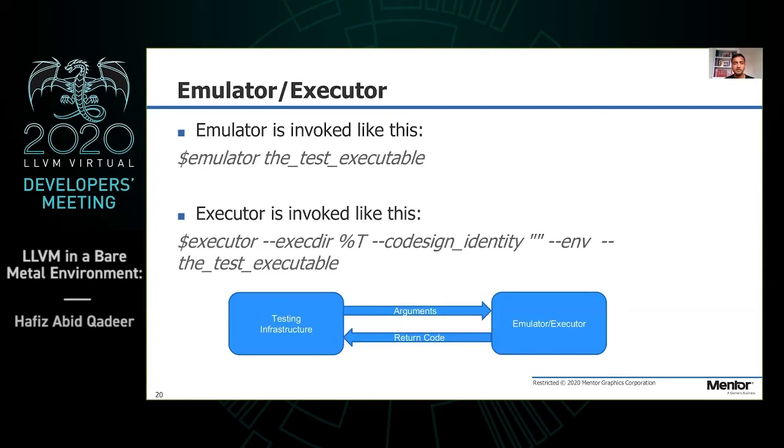So these are some of the things that you need to do to implement the emulator and executor. But compiler RT and libc++ don't need to worry about it. They just call these scripts, and they expect that they will do the job and return them the return code. And based on that return code, the testing infrastructure can decide whether the test has passed or failed.